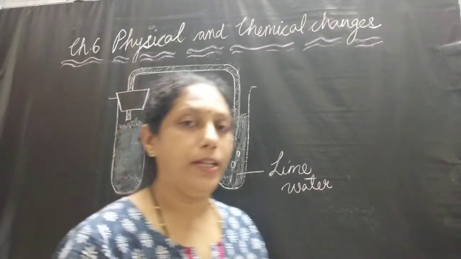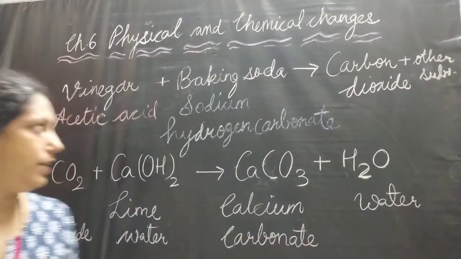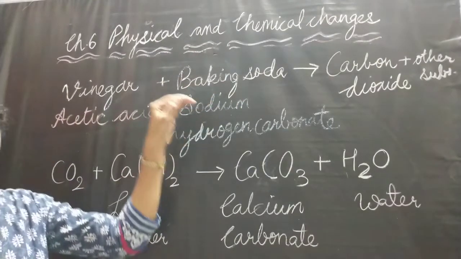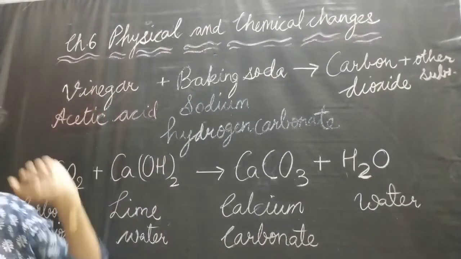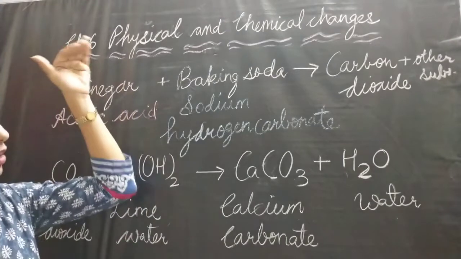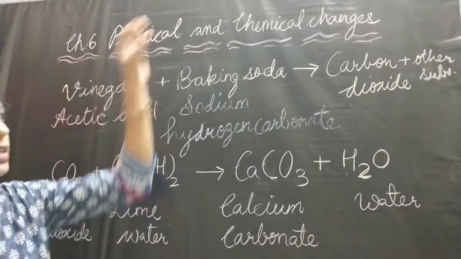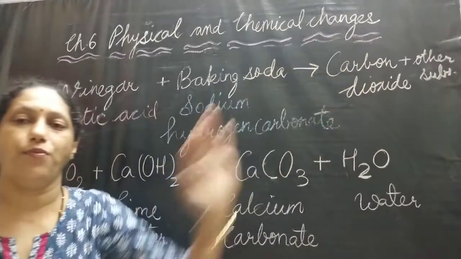Let us see what is happening here by the chemical reaction. In this activity, baking soda, that is sodium hydrogen carbonate, is added to vinegar, that is acetic acid. Because of the reaction between these two substances, carbon dioxide gas is evolved and other substances are formed.